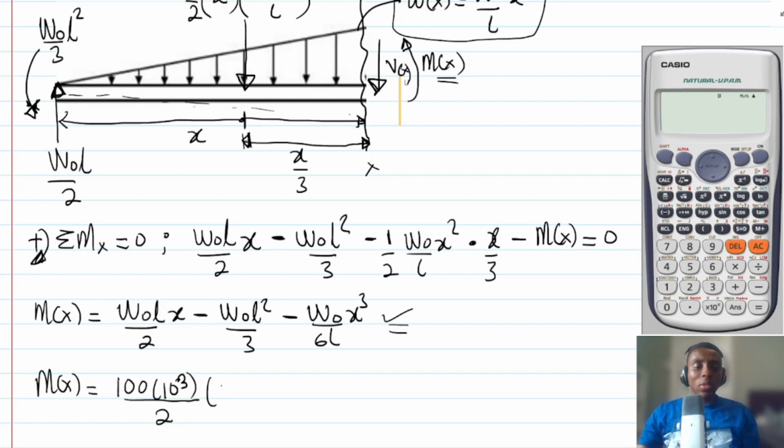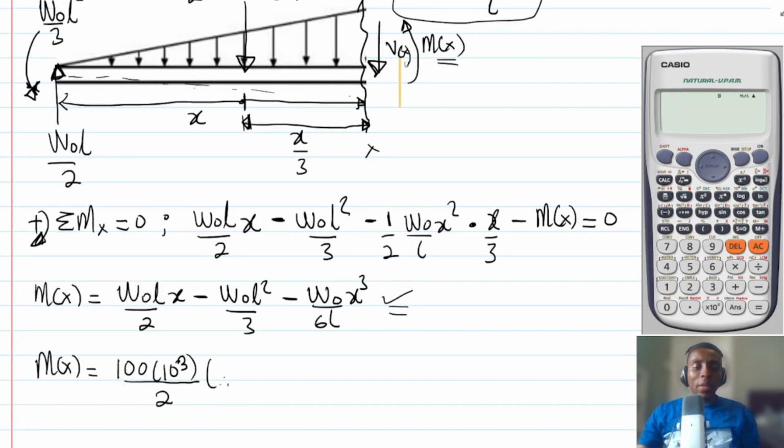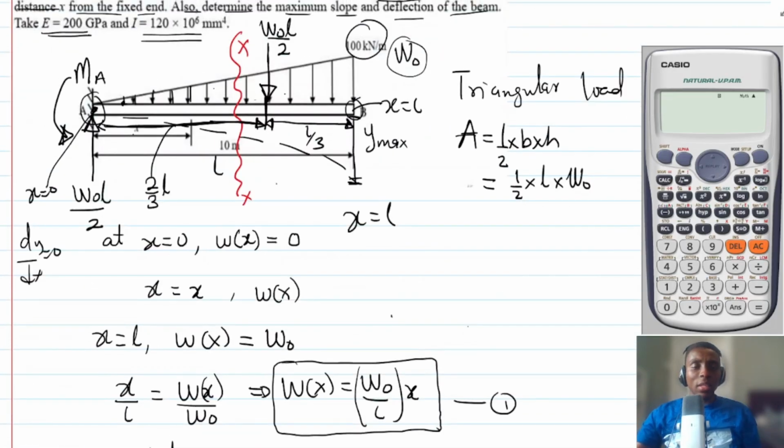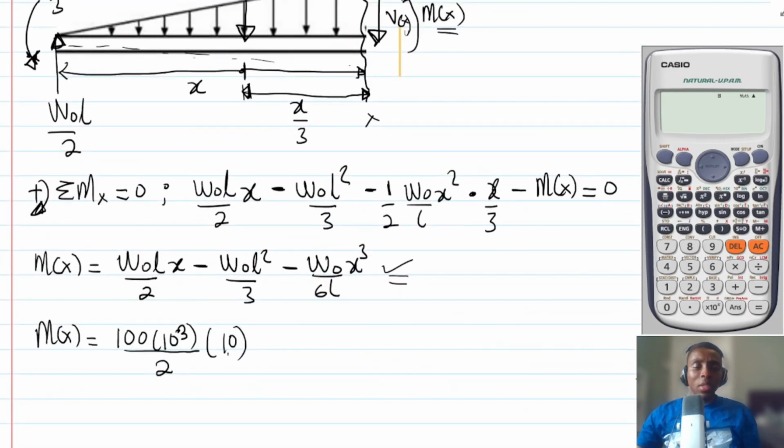The length L was given as 10. Now we come down here and write x, then minus 100 times 10 to the power 3, divided by 3, multiplied by the length squared, which is 10 squared.